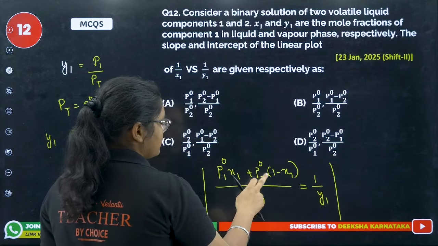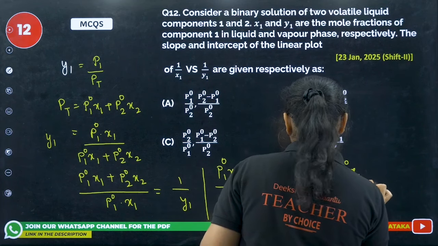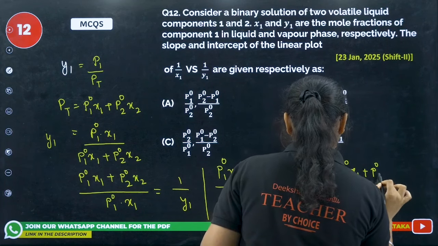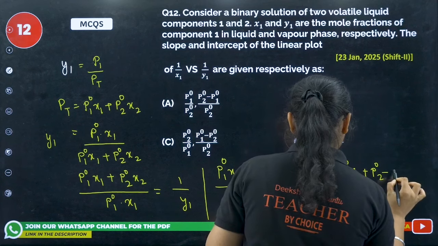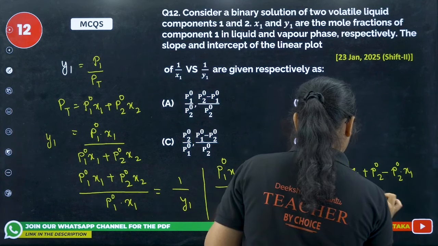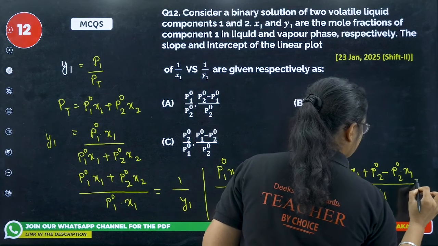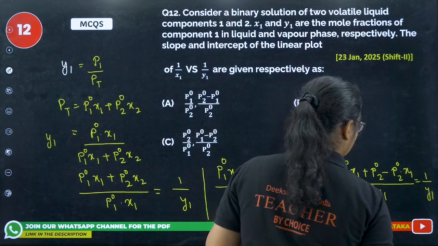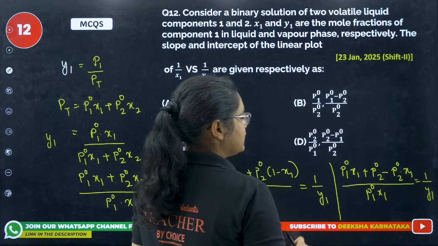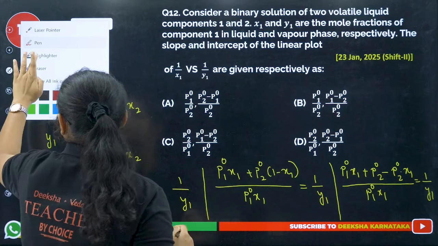So now what I will get here is P01 x1 plus P02 minus P02 into x1, divided by P01 x1, equal to 1 by y1. Now here I can take x1 common. So I'll just start solving here.